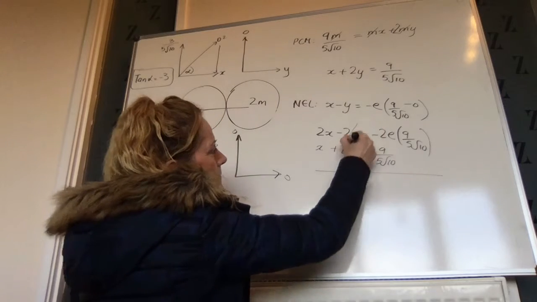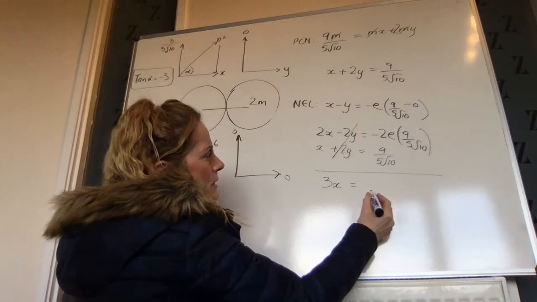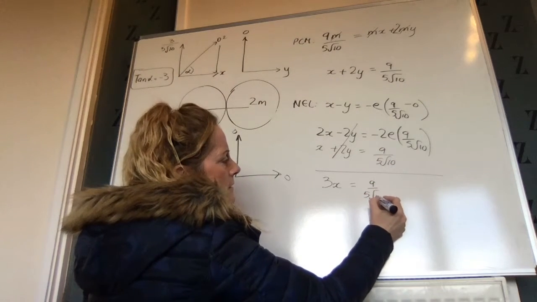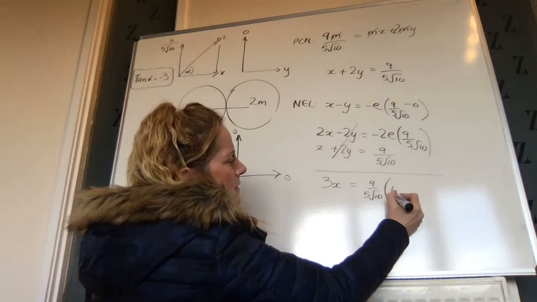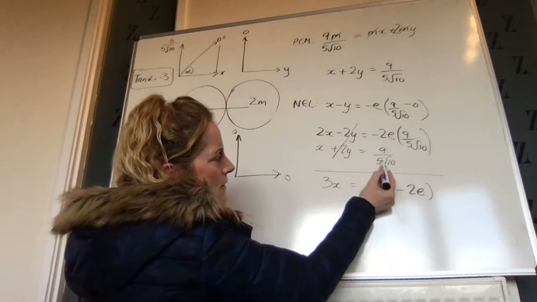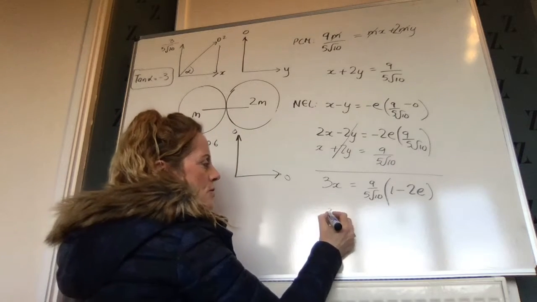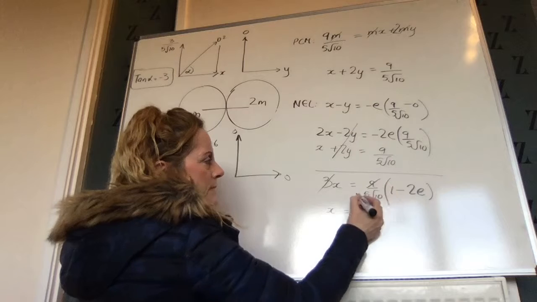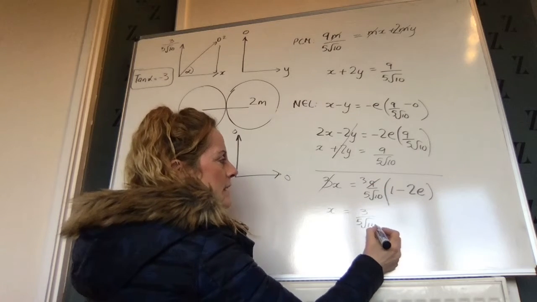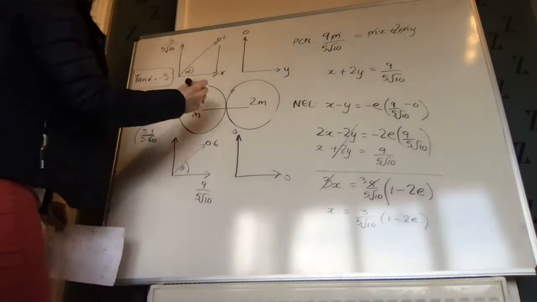Now when we add them, the y's get eliminated, we get 3x is equal to 9 over 5 root 10 minus 2e times 9 over 5 root 10. So x divided by 3, x is equal to 3 over 5 root 10 times 1 minus 2e. So we can put that in up here.